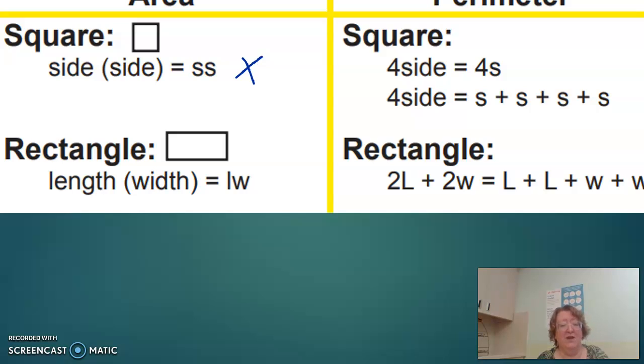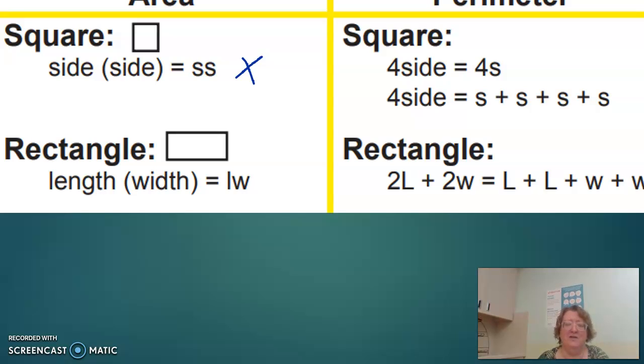Now, you remember for rectangle perimeter, it's 2 times length plus 2 times width because we're doing all of the sides. For a rectangle area, we're doing the inside, so we're just doing length times width.